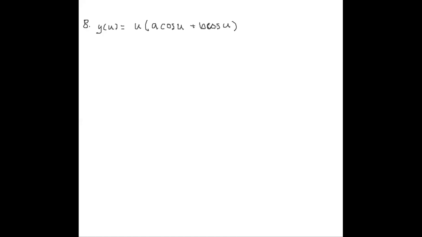So we're going to break this up into f of u is equal to u. So f prime of u is equal to 1. And then g of u is equal to a cos u plus b cot. You're right, sorry. It's cotangent.